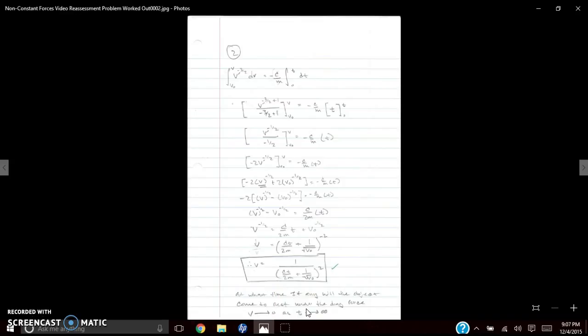That makes sense, because the drag force depends on the velocity: the further along the x-axis the mass goes and the more it slows down, the less the drag force becomes. So it'll never actually get to 0, but as time goes on, our velocity will approach 0. And basically that's it.